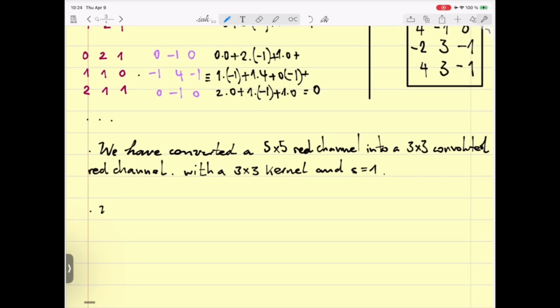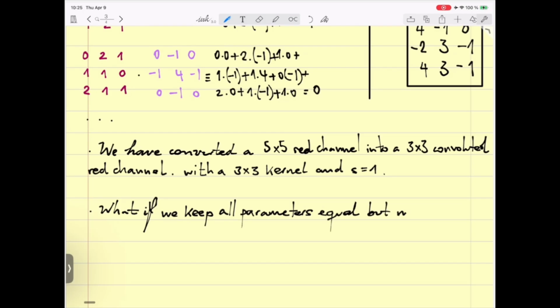What if we keep all parameters equal, but make stride equal to 2?